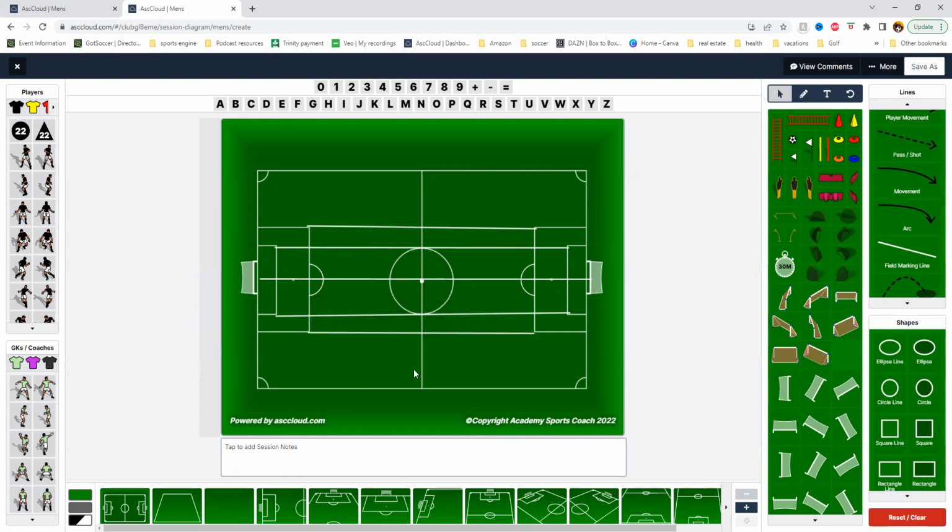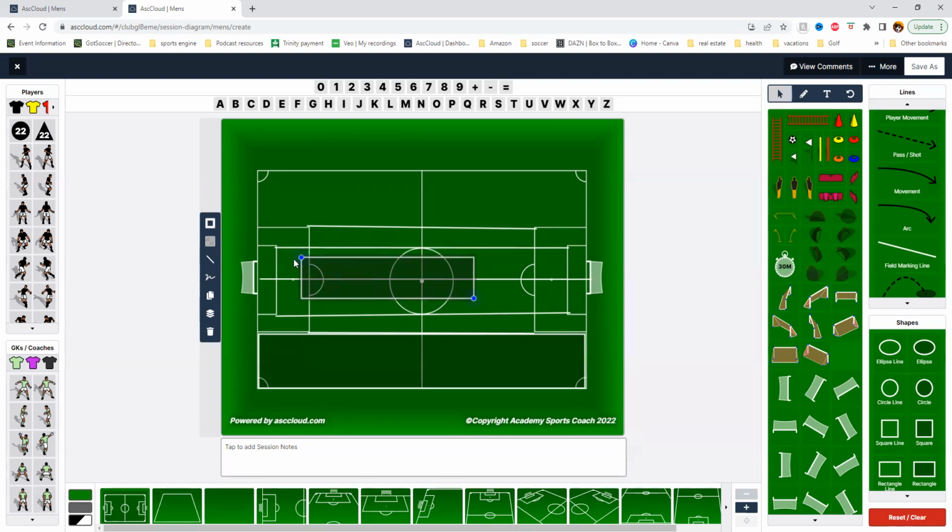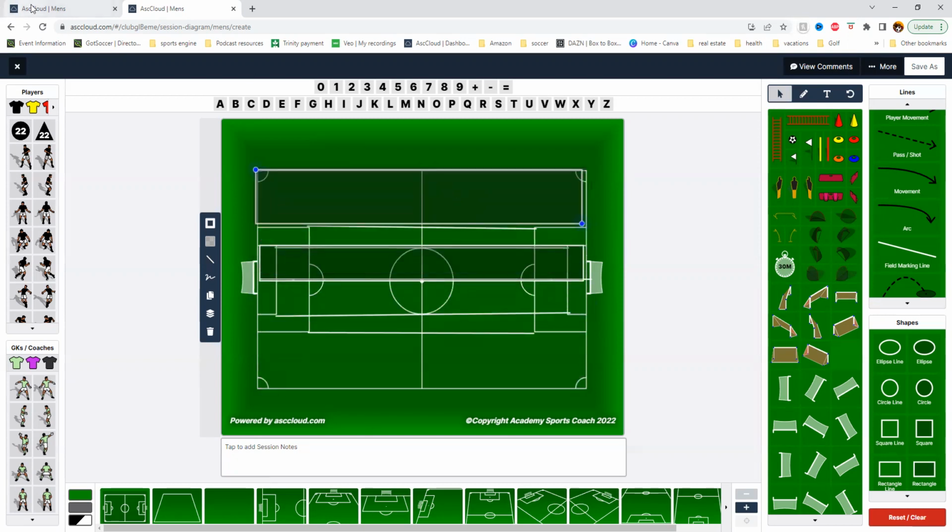So this right here is the half space. I want a rectangle. Here we go. Okay, we can make this bigger. So this spot here is the wide space. Okay. The next spot over is the half space. And then this space here is the center space. And it's the exact same thing on the other side. So this is the center space, this is the half space, and this is the wide space.